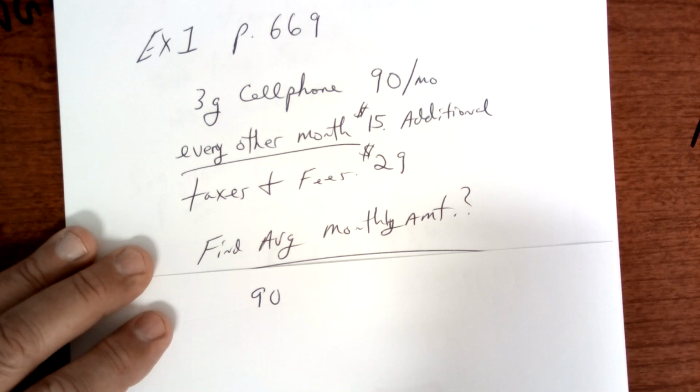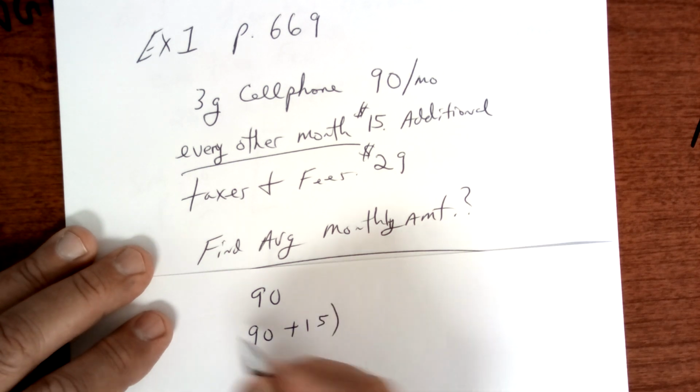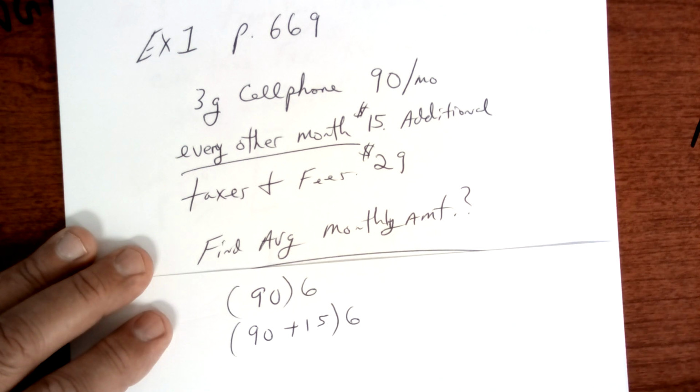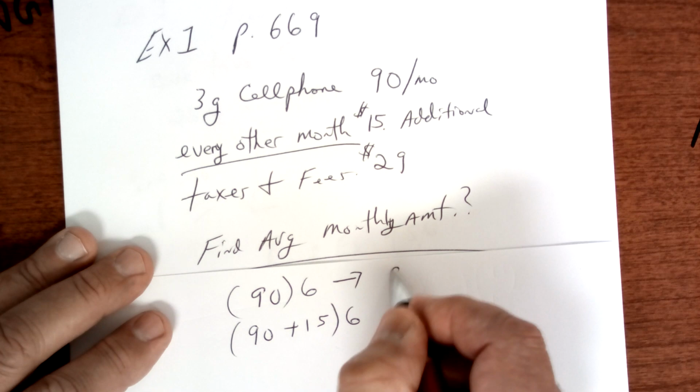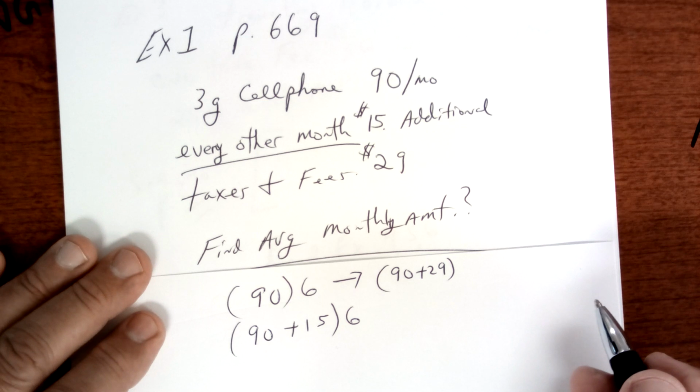So that's $90 plus 15 for 6 months, and $90 for 6 months. And then you have taxes and fees. So you got to add that as well. So this should be 90 plus $29 each month for taxes and fees times 6.